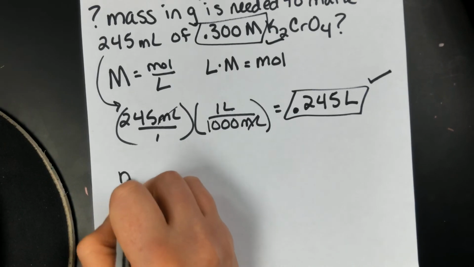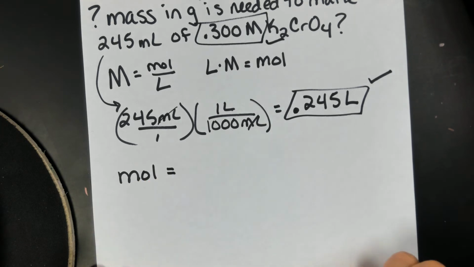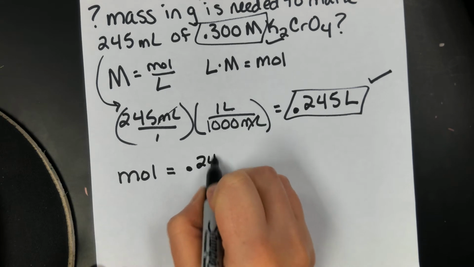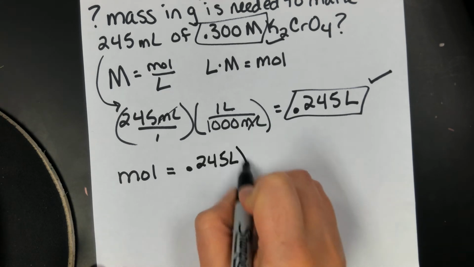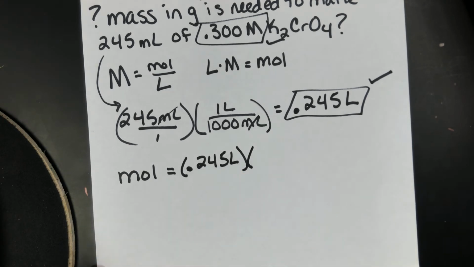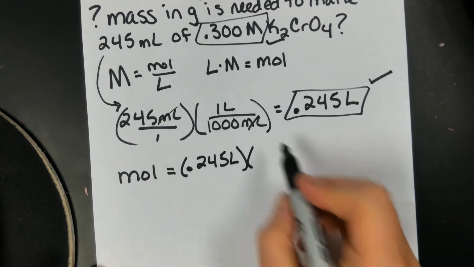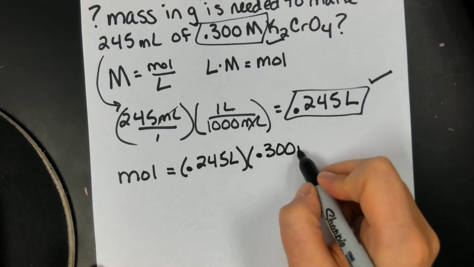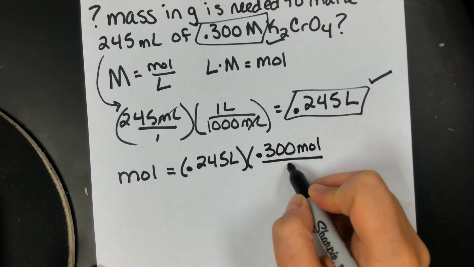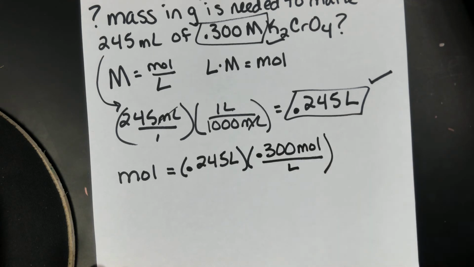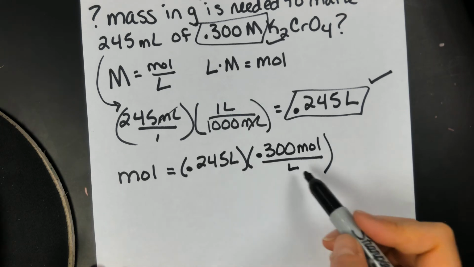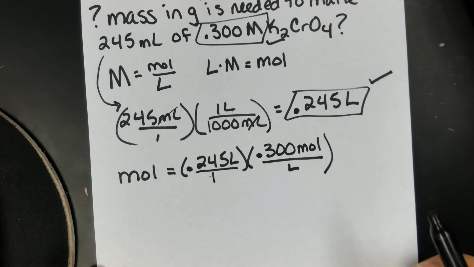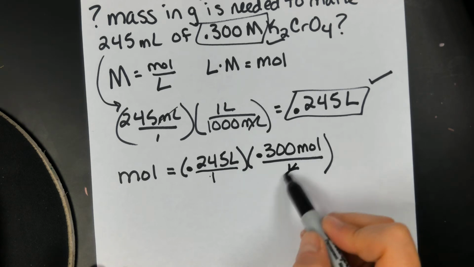So moles is going to equal 0.245 liters times molarity, which is 0.300, and I just like to write moles per liter because isn't that what capital M means, molarity? What's going to happen to the liters? Remember, anything is over 1. Liters will cancel out.